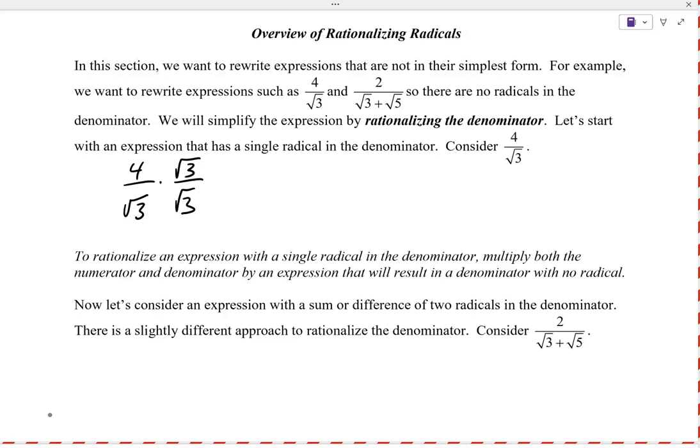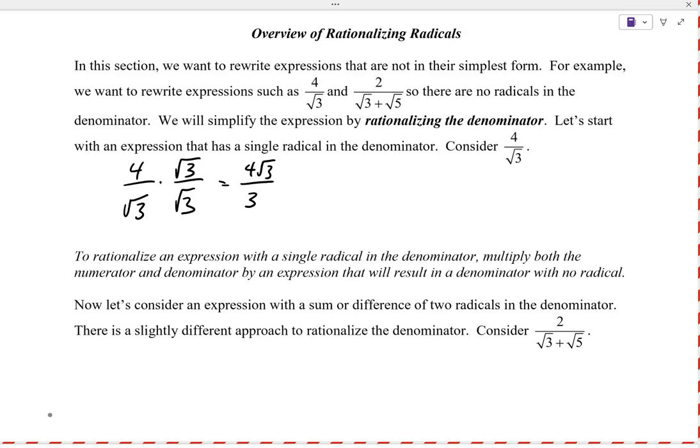I'm multiplying by 1 in a fancy way, so it keeps it equal, right? So now when we simplify this, I multiply straight across. There's not much we can do with the top, but the bottom now is just 3 because it's square root of 3 times itself. So when we just have a radical on the bottom all by itself, that's how we rationalize.